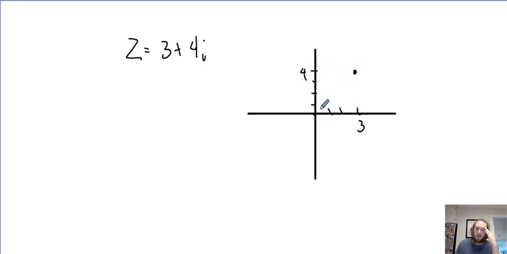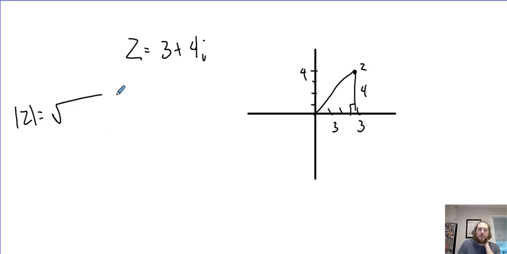It's here, right? We need to think about the right angle triangle that makes this with 4 and 3 as its side lengths. We need to find the modulus of z, and we do that by finding 3 squared plus 4 squared, which is equal to 5.